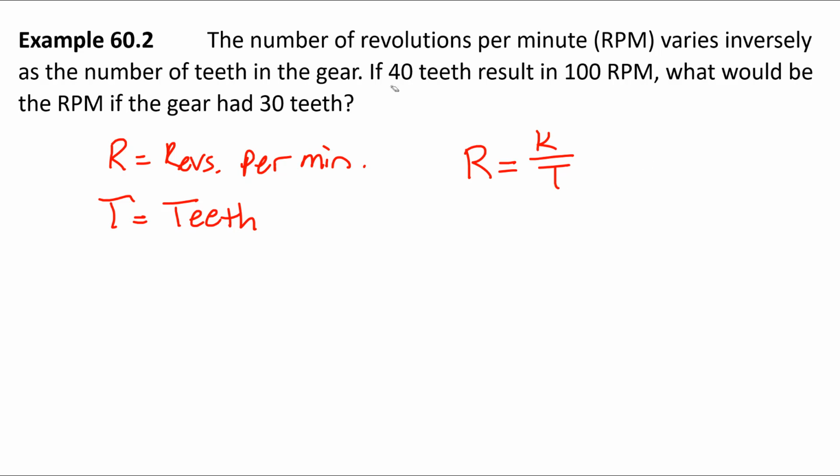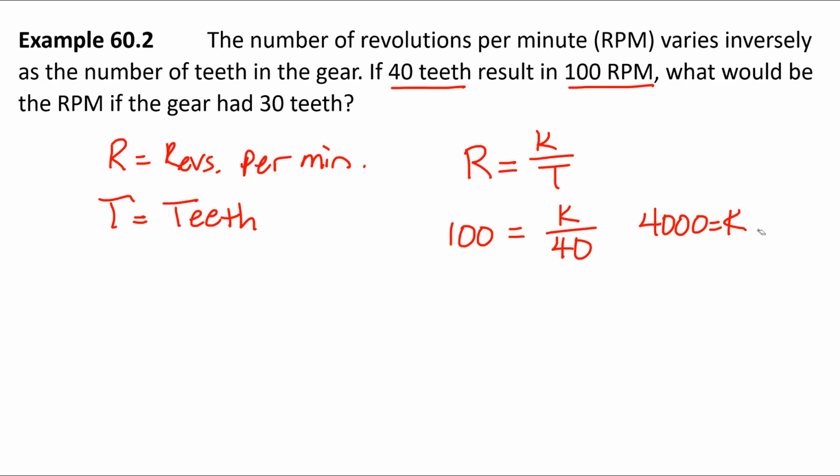They are telling me that if there are 40 teeth, the result is 100 revolutions per minute. So plugging that in, 100 revolutions per minute is K over the teeth, 40 teeth. And so if I multiply both sides by 40, I'm going to get that K is equal to 4,000. This is the constant of proportionality that explains the relationship between the number of teeth and the RPMs.